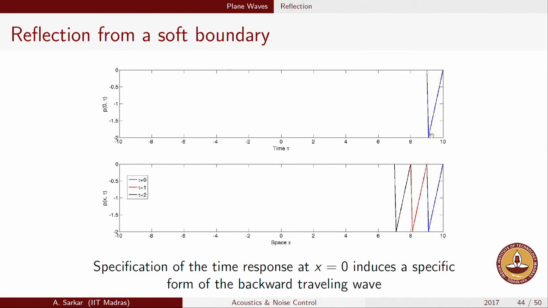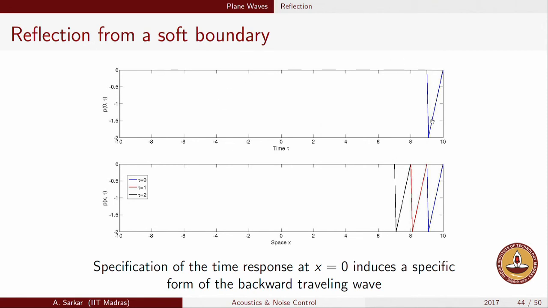If p 0 comma tau has this profile, and if we are sure that it has got to be backward travelling, then p 0 comma tau will have the same form as p x comma tau at tau equals to 0, or p x comma 0, because a backward travelling wave as we understood is given by f of x plus tau, right. So, the time history plot and the snapshot in terms of space will look identical.